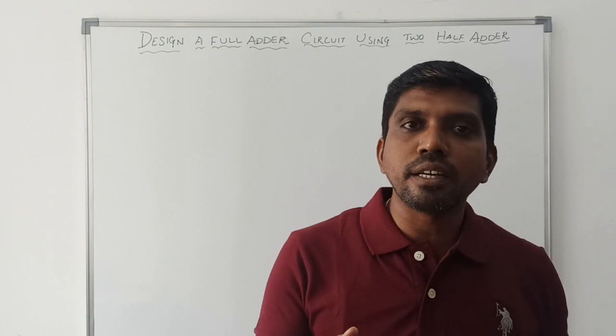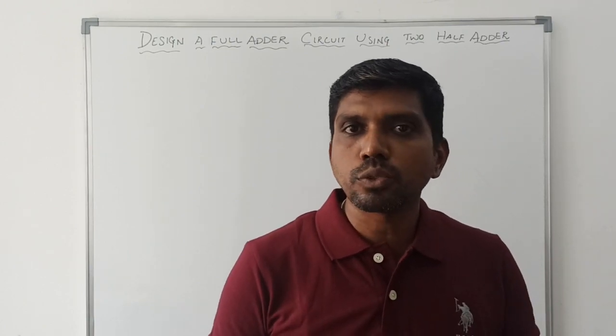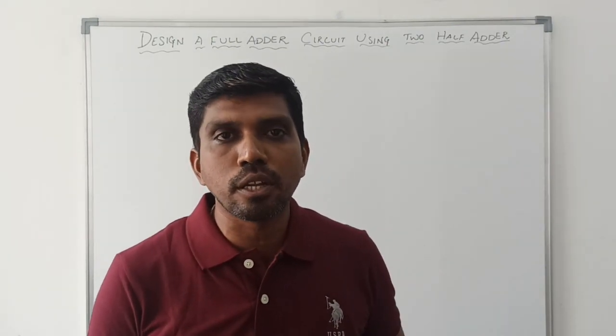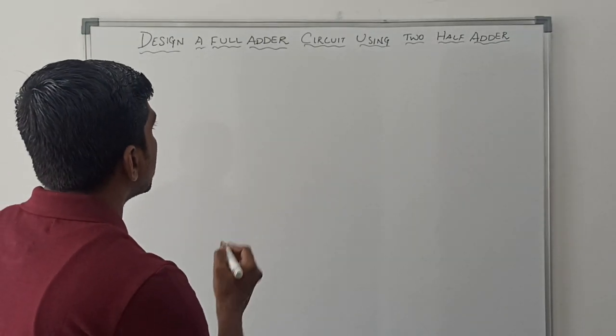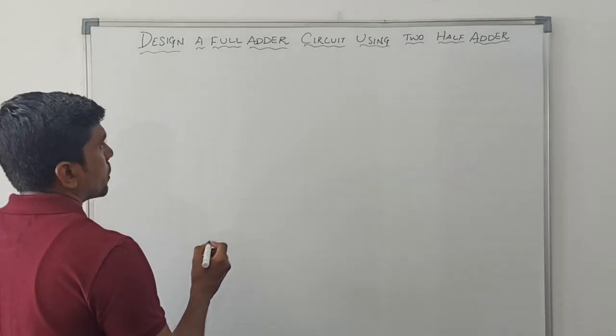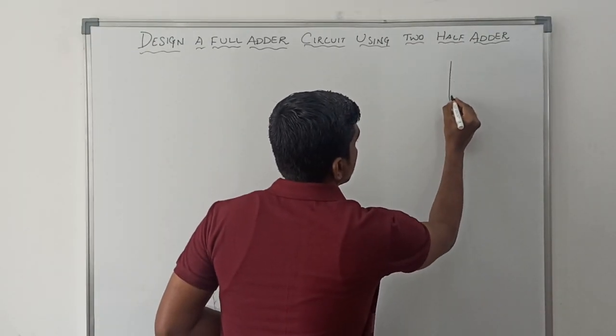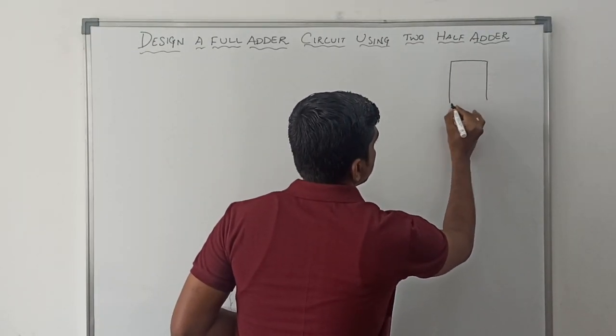First I design the full adder circuit using two half adders. Afterwards I write the Verilog HDL program for the same design. First I draw the full adder circuit. It's a block diagram.